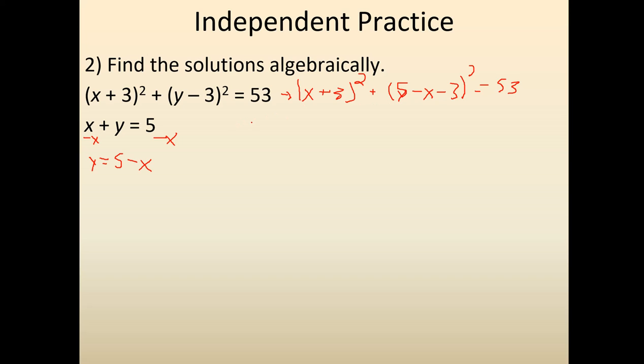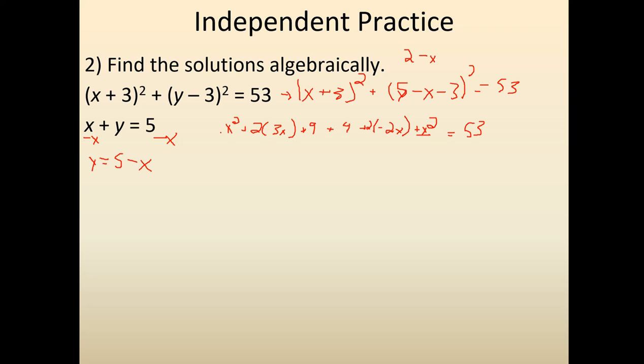This expands out to be x squared plus 2 times 3x plus 9. This, when I actually combine this, this will become 2 minus x. So this will expand to be 4 plus 2 times negative 2x plus x squared equals 53.